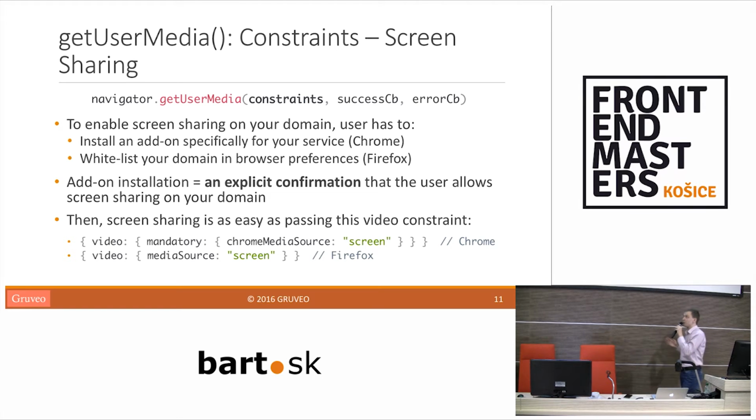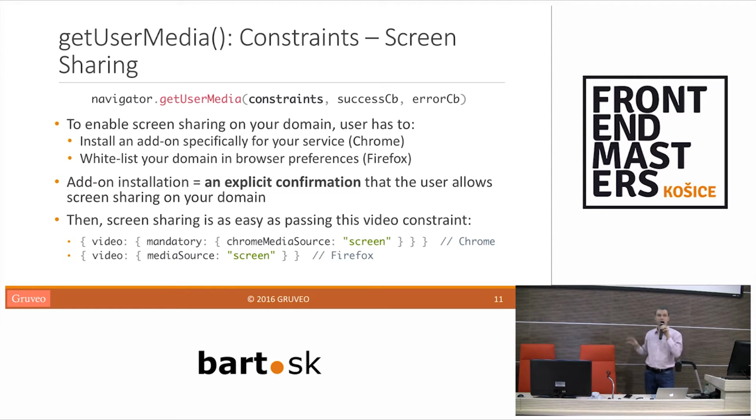With getUserMedia, you can also do screen sharing. So you can get a media stream for the user's desktop or the active window. And it's actually done by specifying certain constraints. Here's an example for Chrome and for Firefox. However, there is an additional security measure: in Chrome, you need the user to install an extension to support screen sharing for your domain or your service.